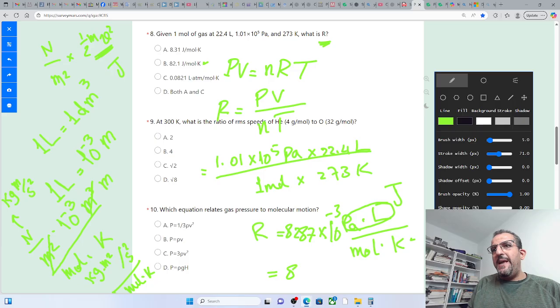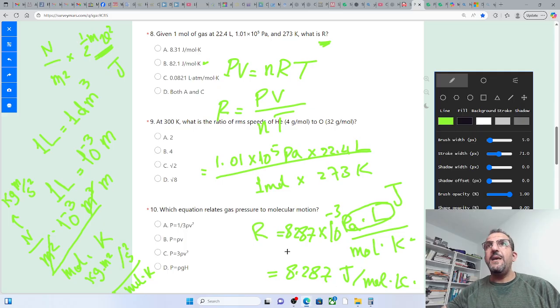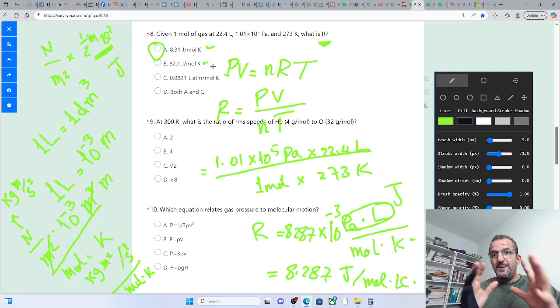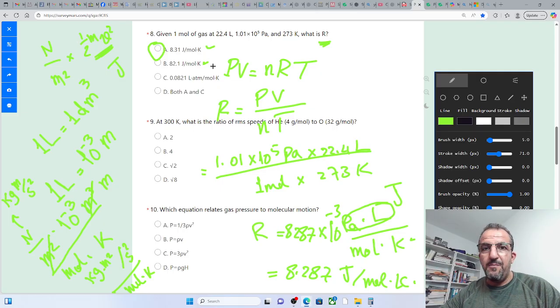That means we have 8.287 joule per mole Kelvin, which is exactly 8.3. Oh, it looks like A is the right answer. So A is the right answer. You can see how understanding the units can help you do better work from this simple example.